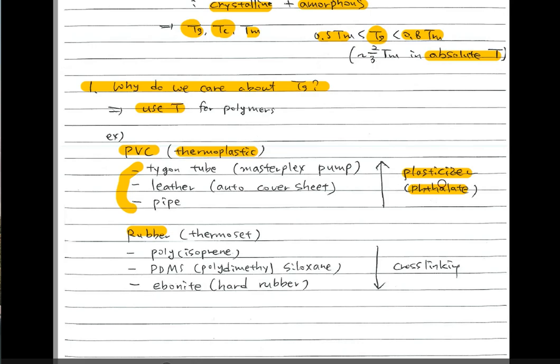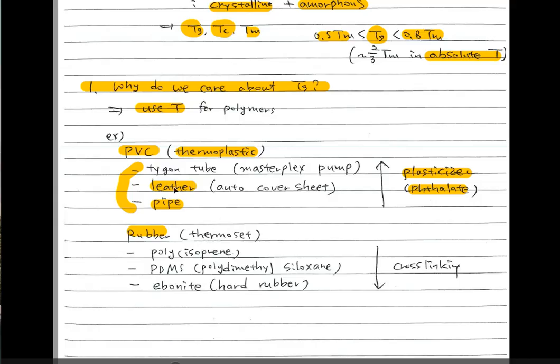For example, if the content of plasticizer is very small, the PVC is basically used as pipe, very strong, hard material. On the other hand, if you add a little bit of plasticizer, it becomes leathery, like a leather we put on.